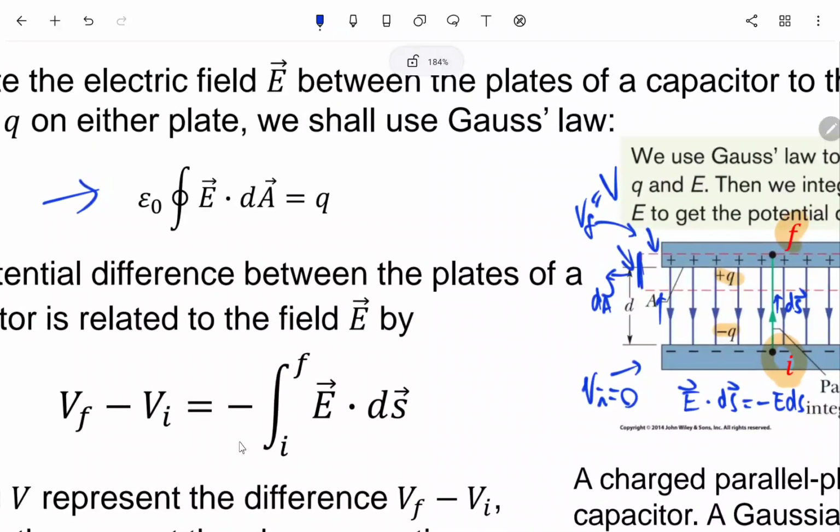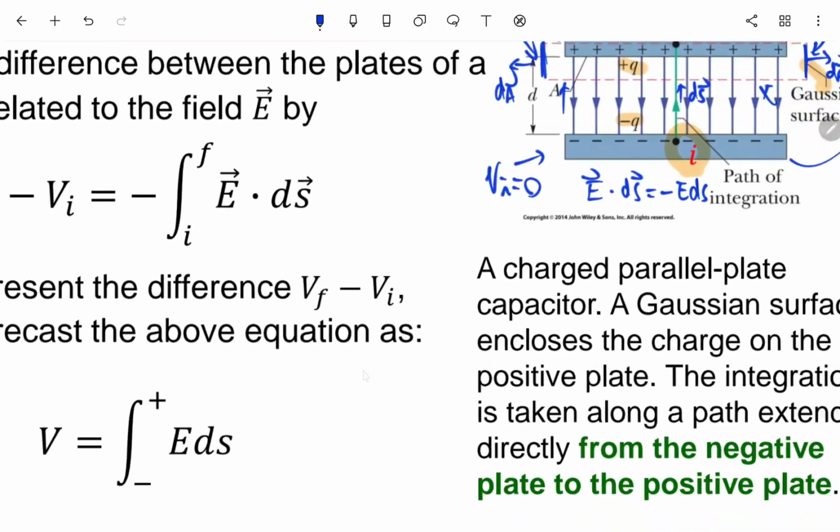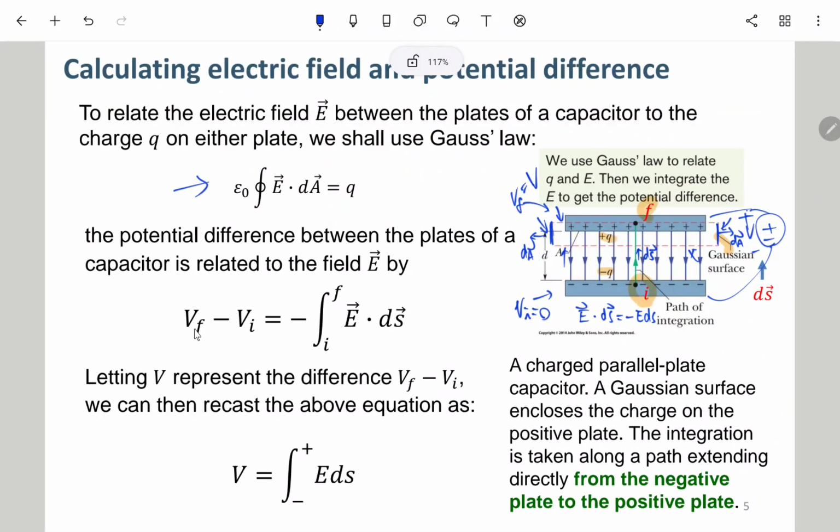So this negative sign will cancel with the other one, and the two negative signs turn out to be a positive sign. Vf is V, Vi is 0, so this is V. For the i point, it is the negative plate, and for the f point it is the positive plate, and this dot product already becomes a multiplication, E times ds. So it becomes something like this.